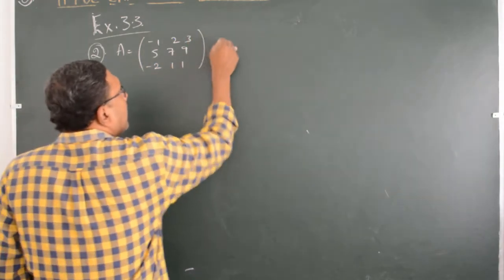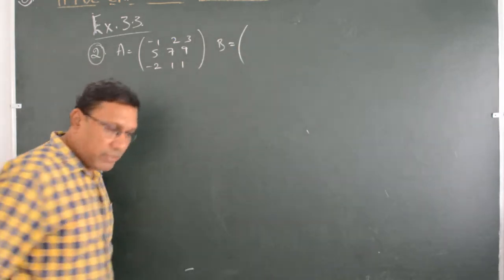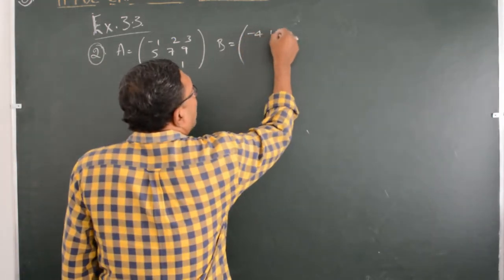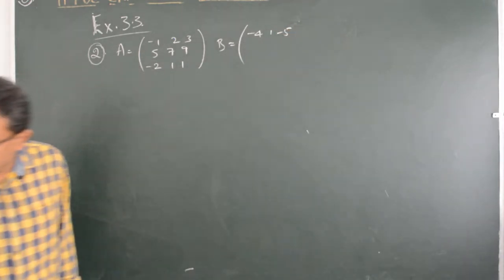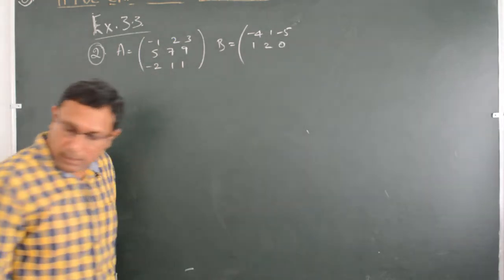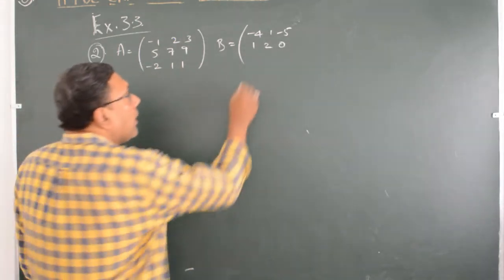And there is one more matrix of the same order, 3 by 3: minus 4, 1, minus 5; 1, 2, 0; 1, 3, 1.